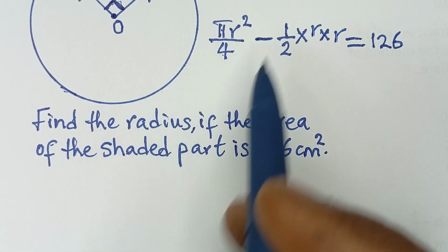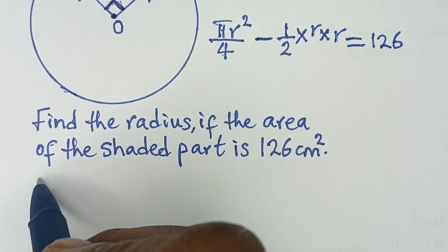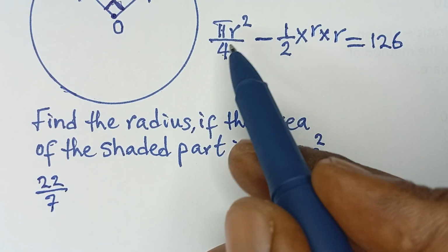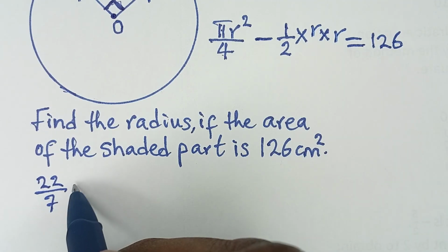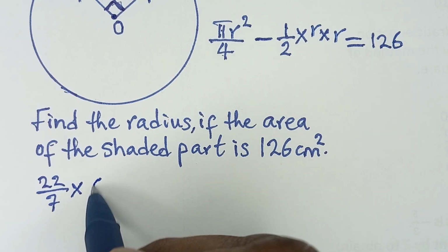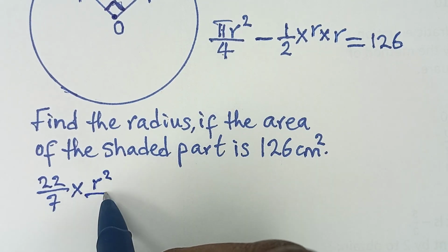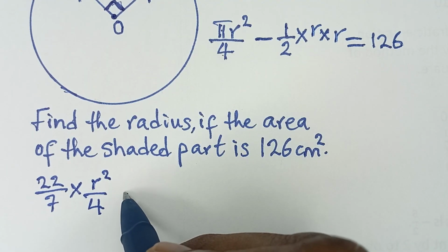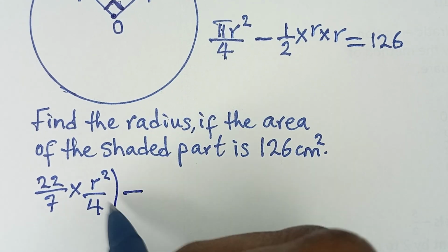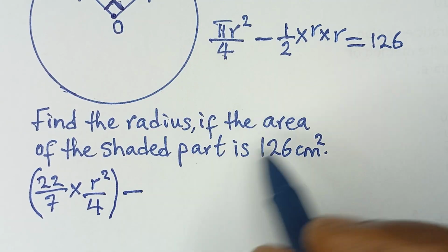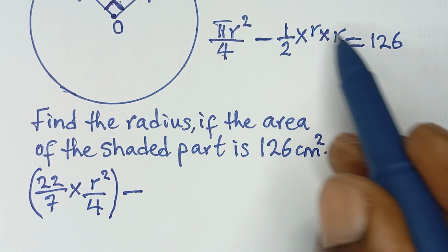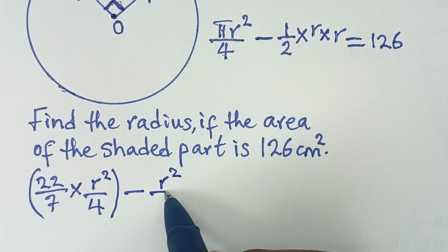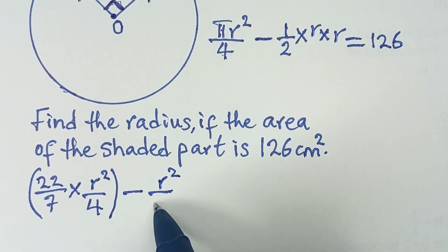So I'll carry the equation and continue under this shape now. I'm going to write pi r squared over 4. Don't forget pi is 22/7. So the pi here is 22/7, multiplied by the radius squared, which is up, and the 4, which is down, as in the formula I have here. Then minus, and I can enclose this in a bracket, 1 multiplied by r will give us r squared, and all divided by 2, which is the denominator.